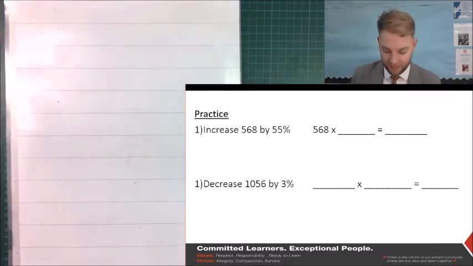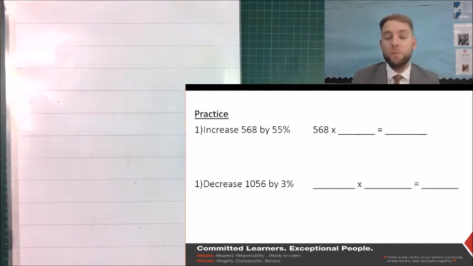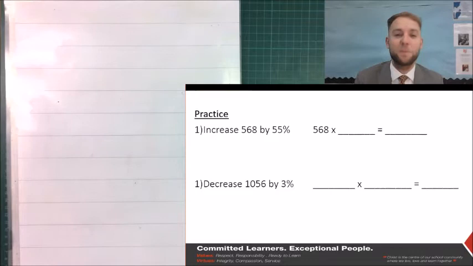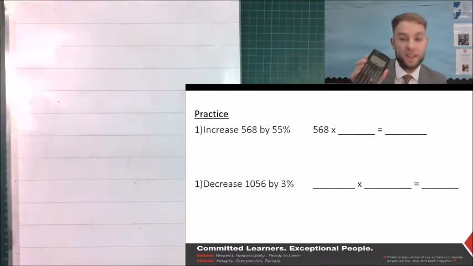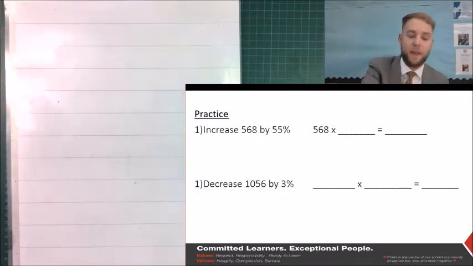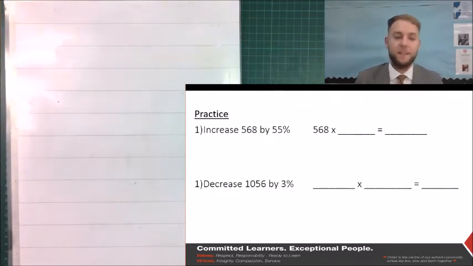So this one here says, now take note, when we're using the multiplier method for percentages, we need to use our calculator, okay? That usually comes up on the calculator paper. And the multiplier method, in fact, it's probably worth writing this down somewhere on your notes.